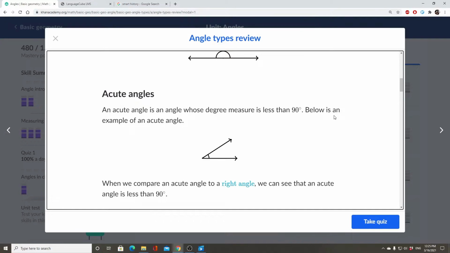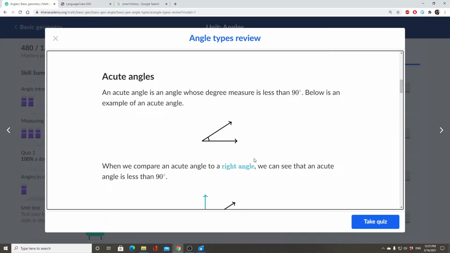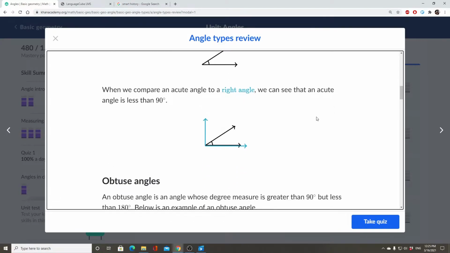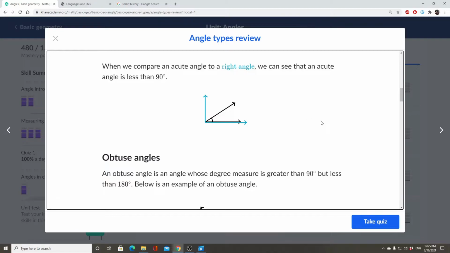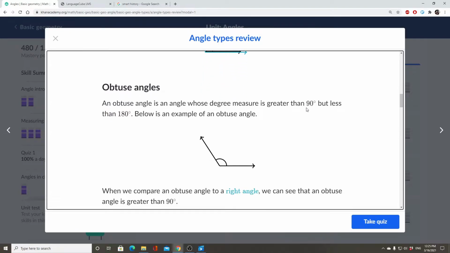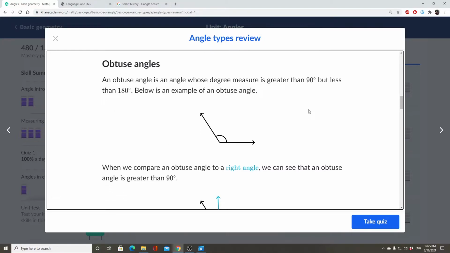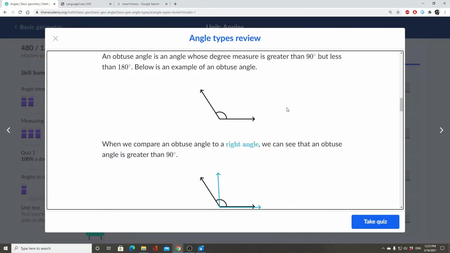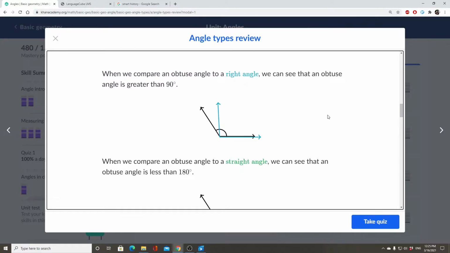There's an acute angle. An acute angle is an angle whose degree measure is less than 90 degrees. When we compare an acute angle to a right angle, we can see that an acute angle is less than 90 degrees. So that's very obvious, yes. Obtuse, there's an obtuse. An obtuse angle is an angle whose degree measure is greater than 90 degrees but less than 180.